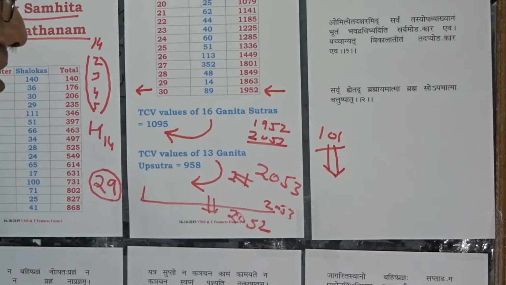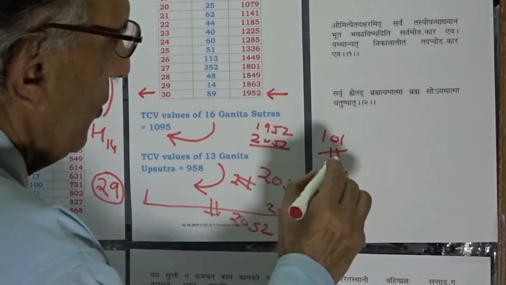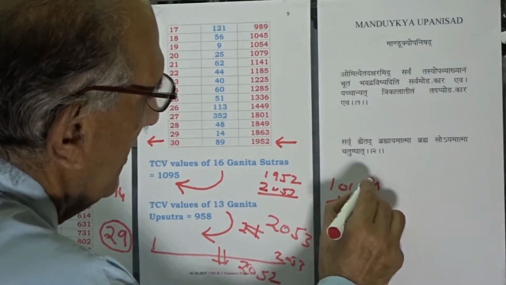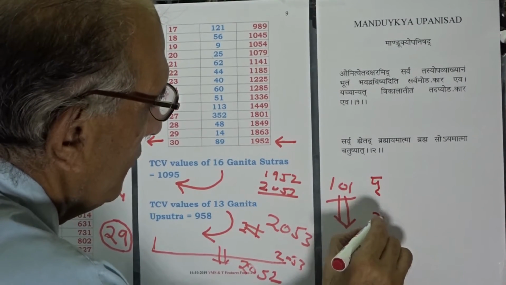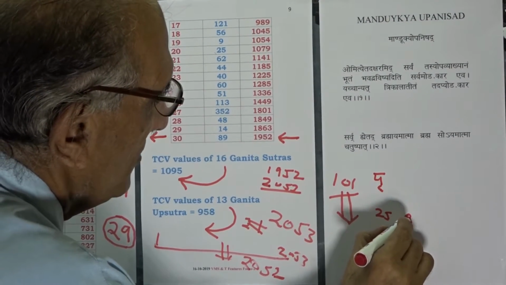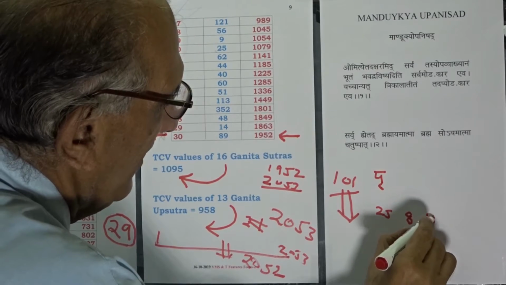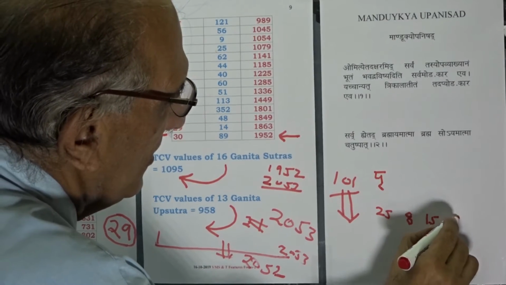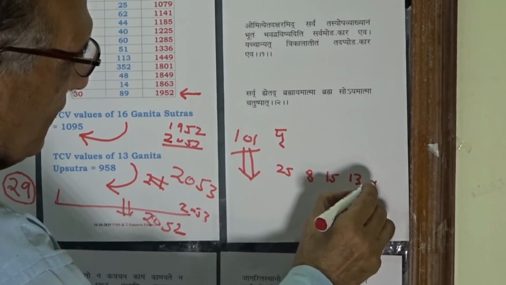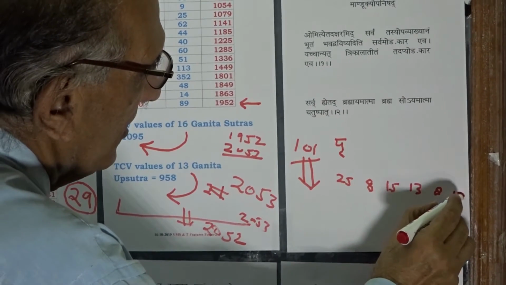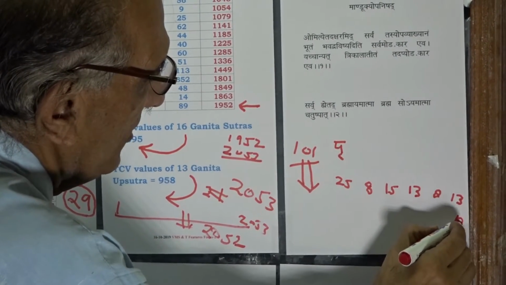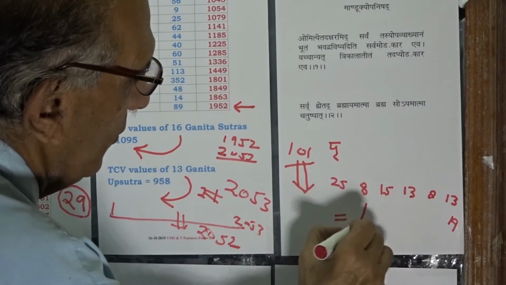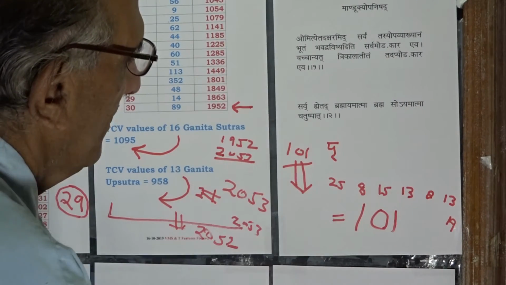branches of a Yajurveda. Further we know that Prithvi is of TC value 25, Apa is of 8, Tej is of 15, Vayu is of 13, Akash is of 8, Surya is of 13, and Dhruv is of 19, making it total value 101.